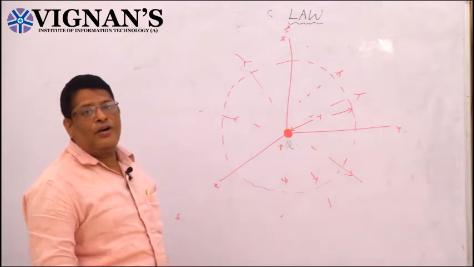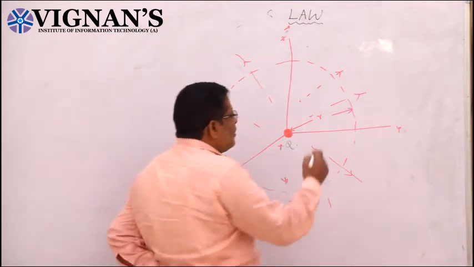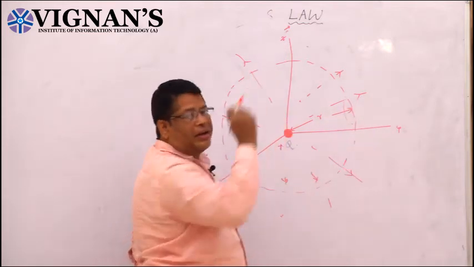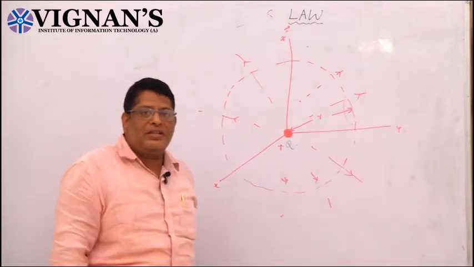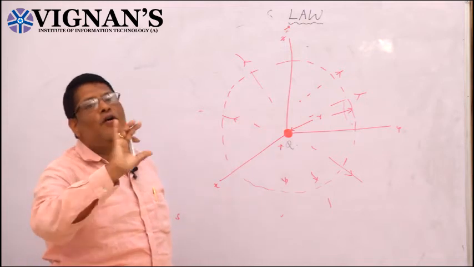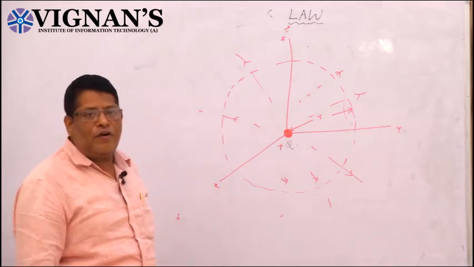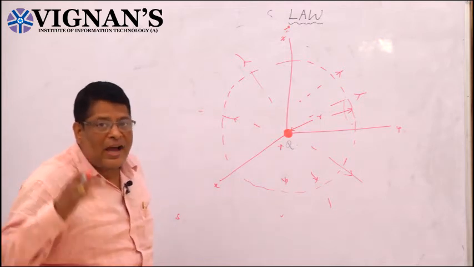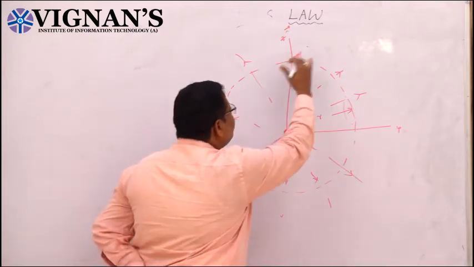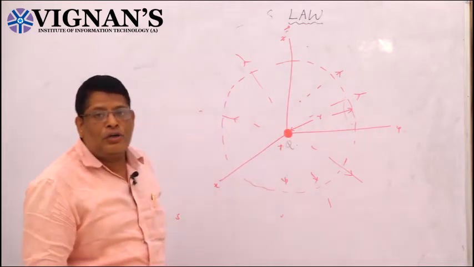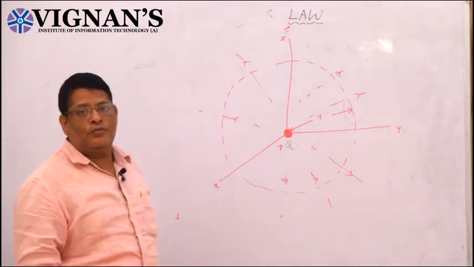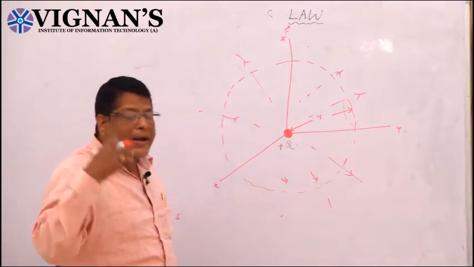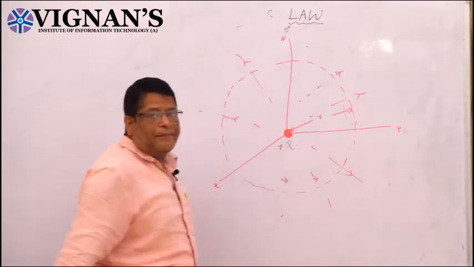Now we want to find out the flux density at this area, or total area. We are assuming that the flux is uniformly distributed. See here, how much flux is leaving the surface area, that is equal to q coulombs, because the flux is emitted by this charge q only.